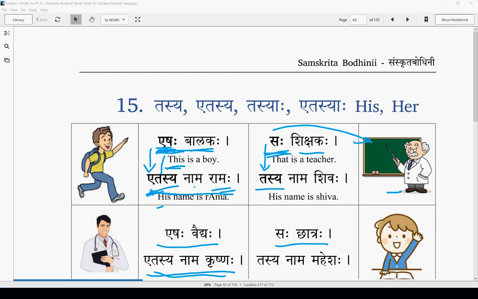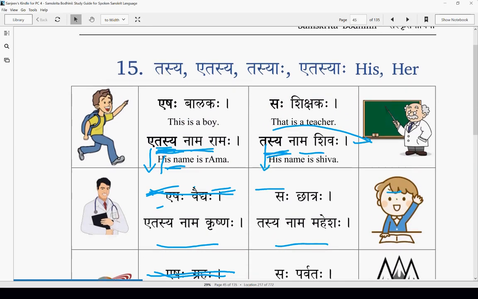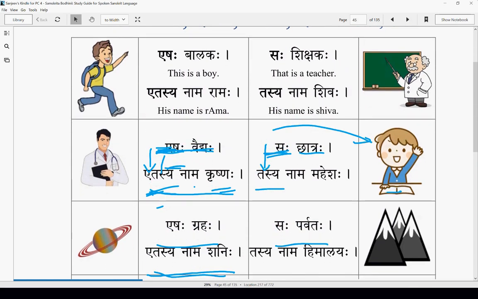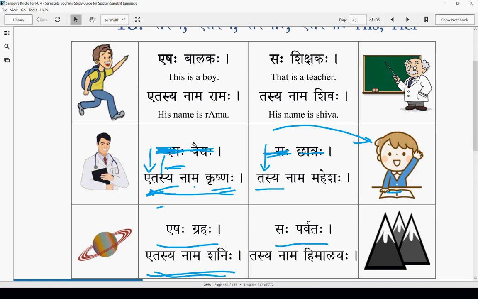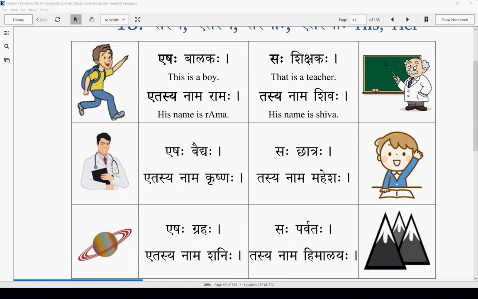Saha Chatraha, Tasya nama Maheshaha. Okay, next one. This one. Eshaha Graha. Etasya nama Shanihi. Saha Parvataha. Tasya nama Himalayah.